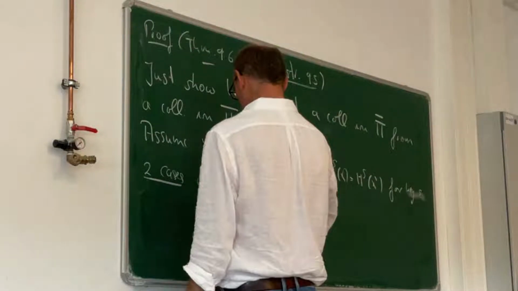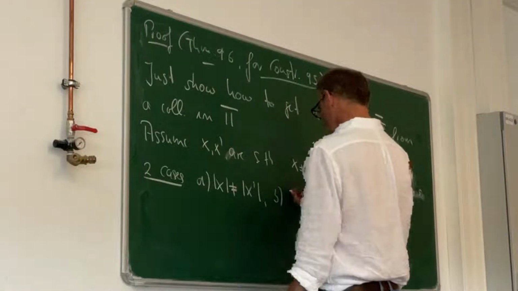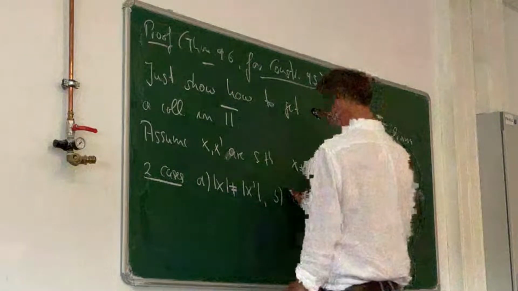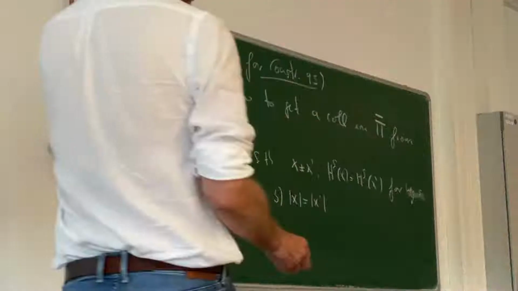So we have case A, where the length of x is not equal to the length of x prime. And the second case is obviously where they are equal. Good. So let's first do case A.